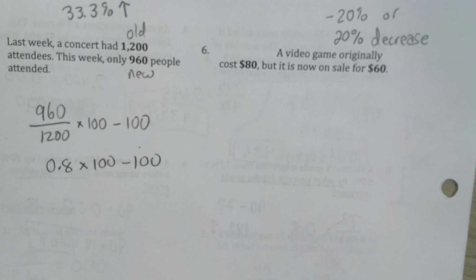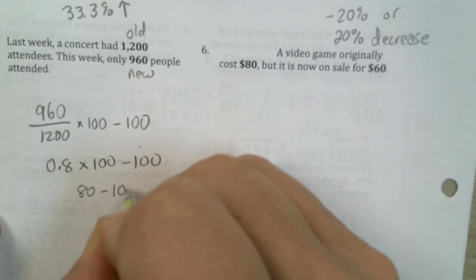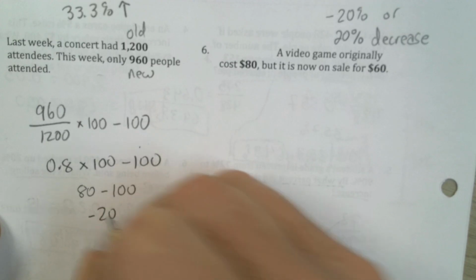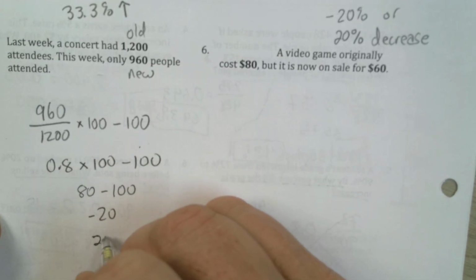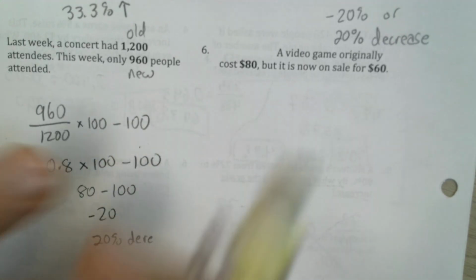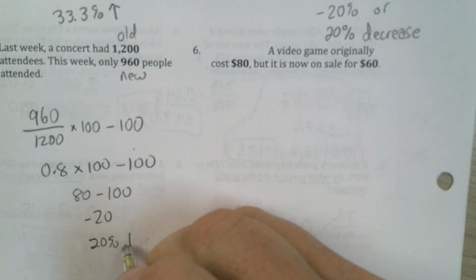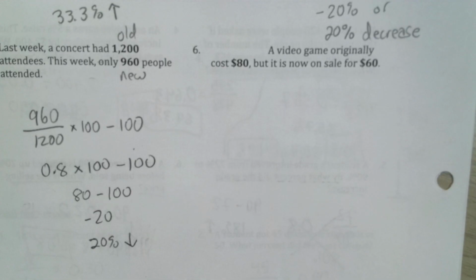So the rest of it's going to look just like the other problem, right? Multiply that, you get an 80. 80 minus 100 is negative 20. So it is a 20% decrease. I'm going to just do a down arrow instead of writing decrease each time. It's a 20% decrease in attendance.